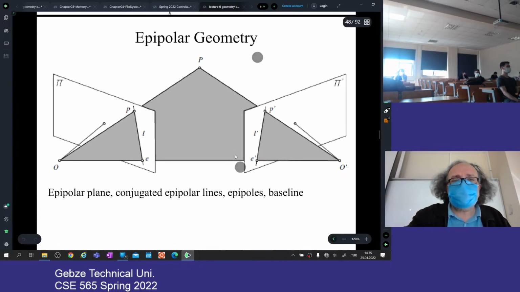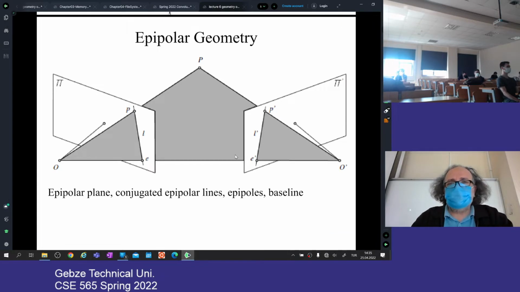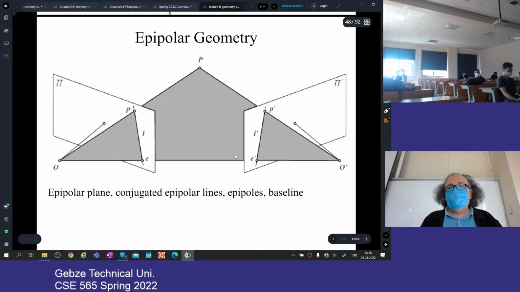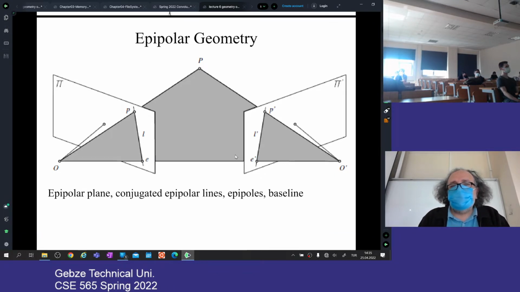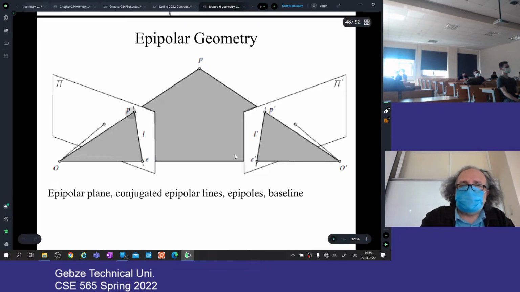So epipolar geometry says that if you have two cameras, pi and pi prime, looking at the same object P in the real world, one of them will see this P as small p, like this. The other one will see this P as p prime.